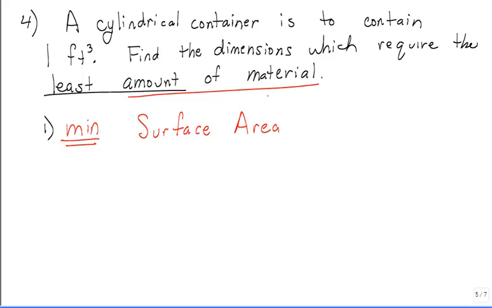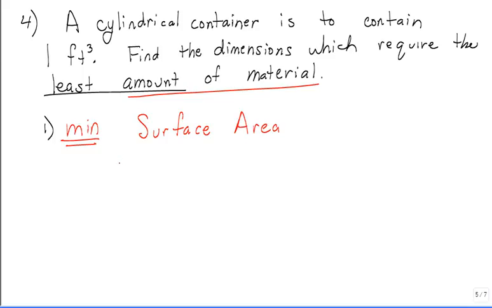If you pay attention to these problems, usually area and volume go together 90% of the time. Surface area and volume go together, and perimeter and area go together. So surface area and volume are the 2 equations you should look for. In a 2-dimensional case, you should look for area and perimeter. Okay, this is 3 dimensions.